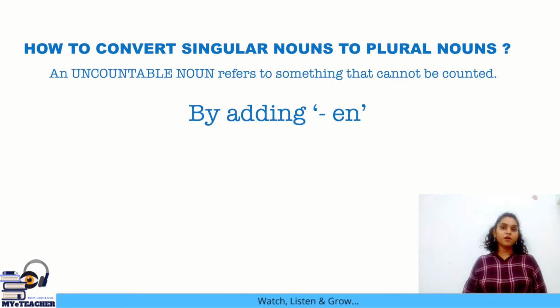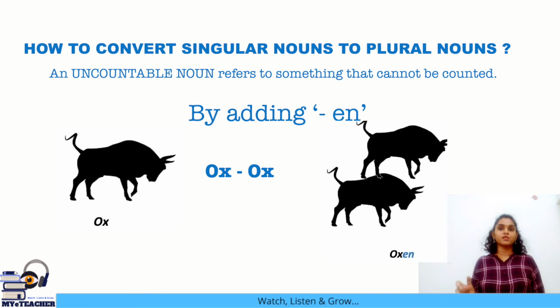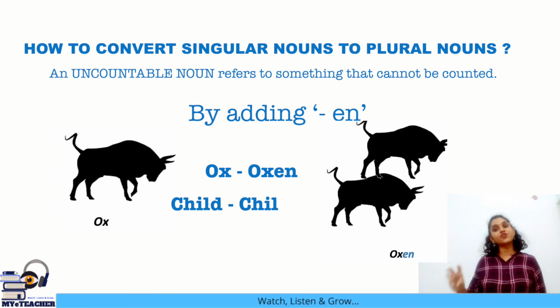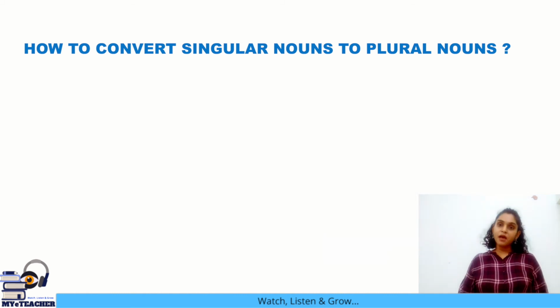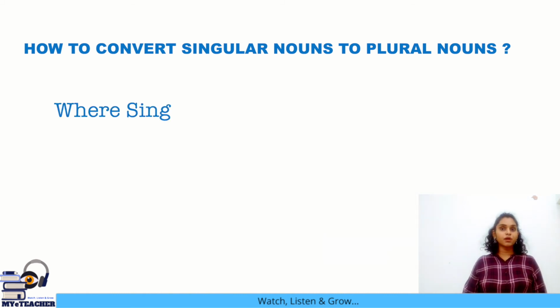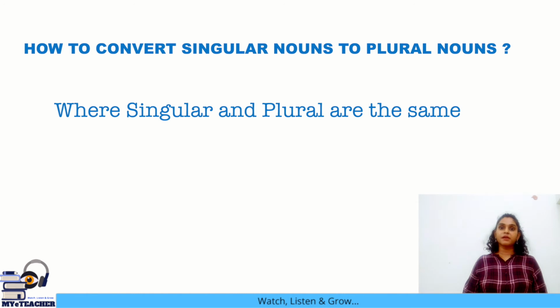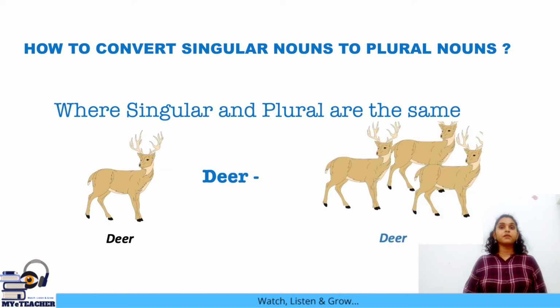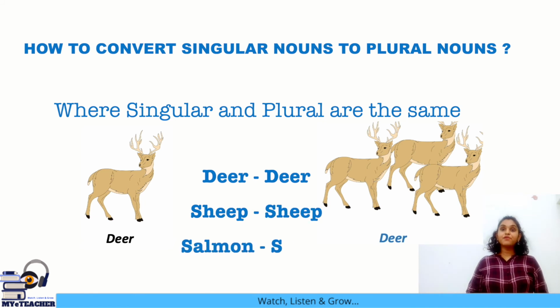There are some words where an EN is added at the end in order to form the plurals. For example, ox becomes oxen, child becomes children. Also, there are some nouns where the singulars and the plurals are the same. For example, deer remains deer, sheep remains sheep, salmon remains salmon.